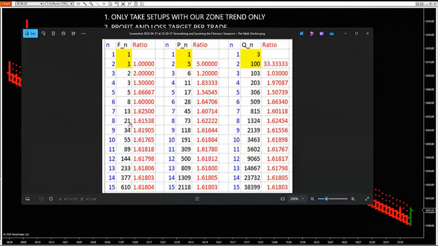I'm using one of these combinations right now in this video, and you can do market replay on these different combinations of these different Fibonacci levels, which I like to use, and you can see what fits your trading style.